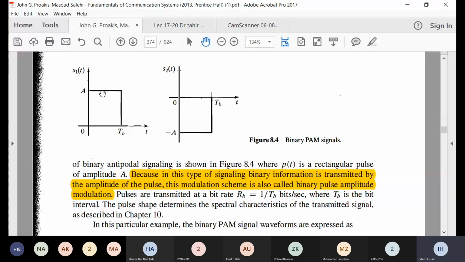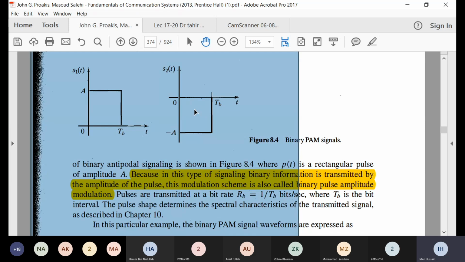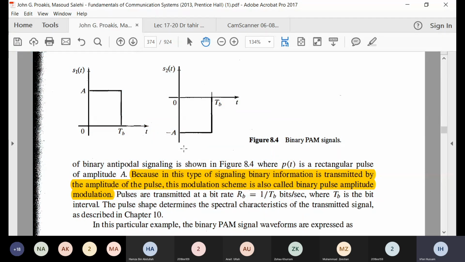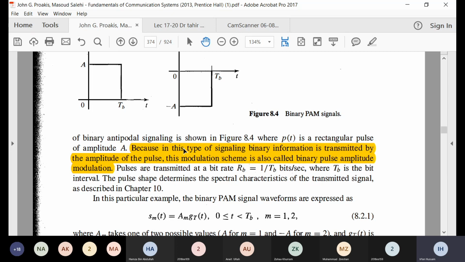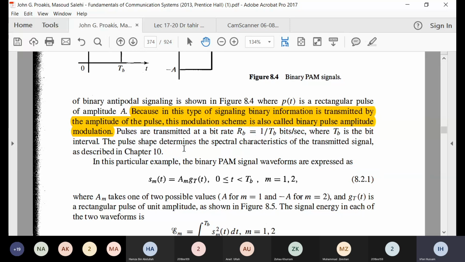The pulse is the same, but you can change the amplitude from A to minus A, and this will also be called pulse amplitude modulation. Pulse rate was RB, as every bit is taking TB time, so our rate will be 1 over TB. You can see TB was the interval.